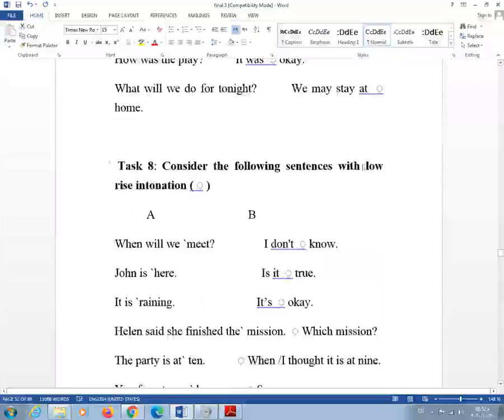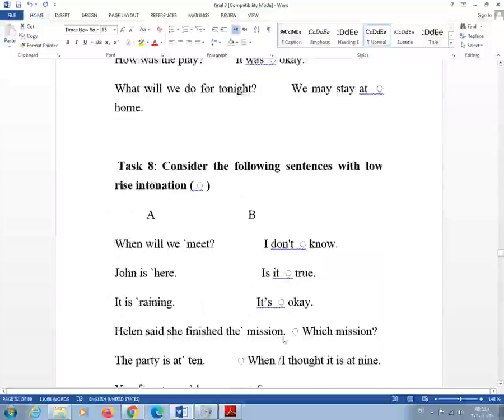Consider the following sentences with low rise intonation. When will we meet? I don't know. John is here. Is it true? It's raining. It's okay.